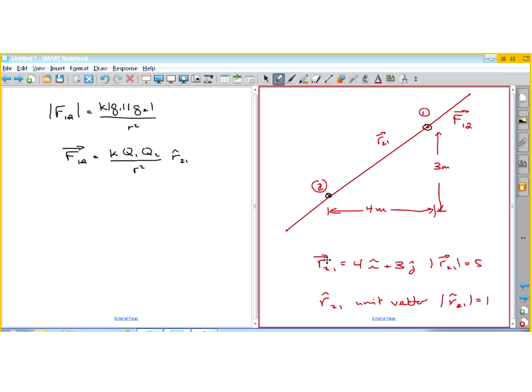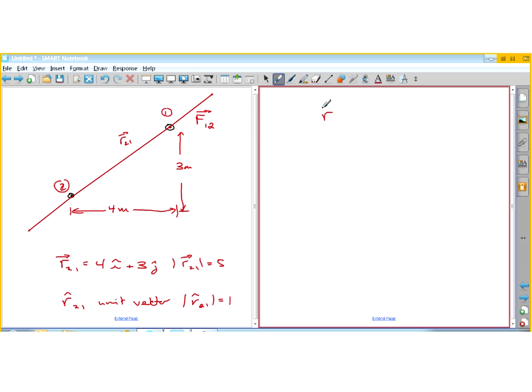So how do we get the unit vector from the vector? It turns out that the unit vector is equal to the vector divided by the magnitude of the vector. In this case, we said the magnitude is 5. This is basically the same as 1 over the magnitude of the vector times the vector.